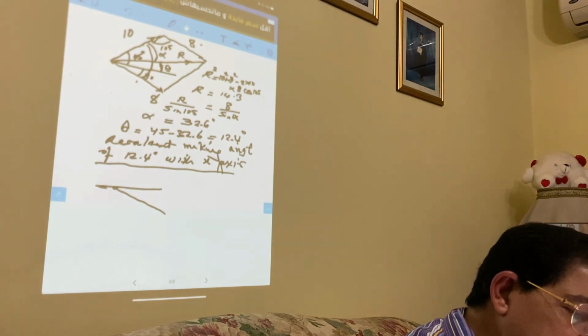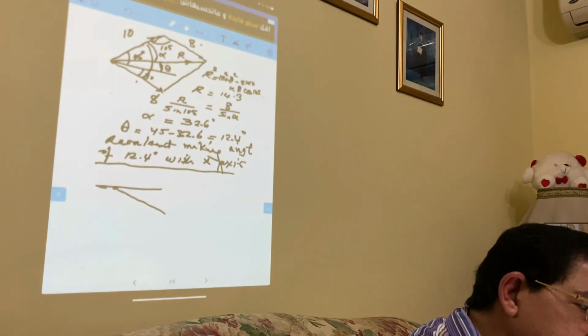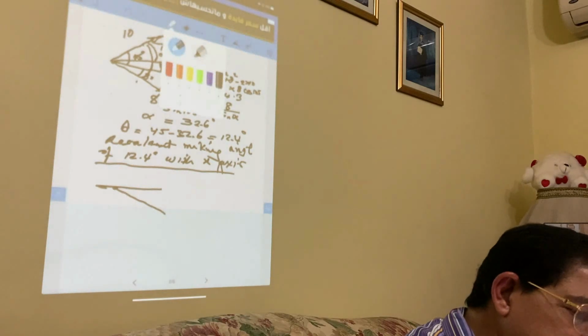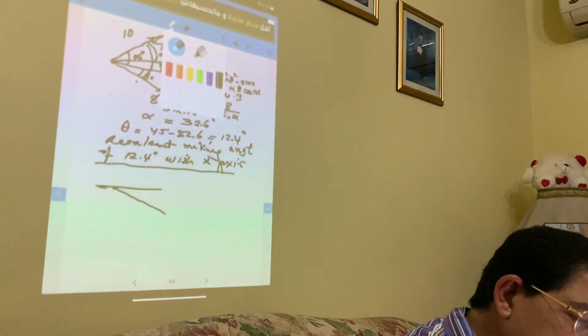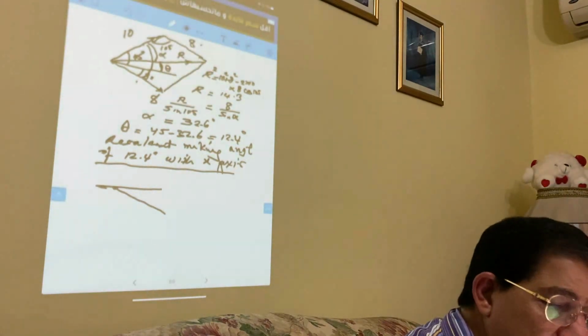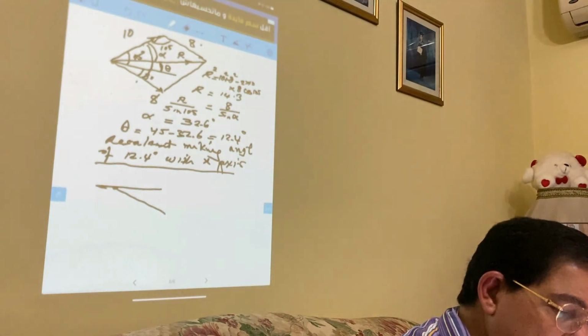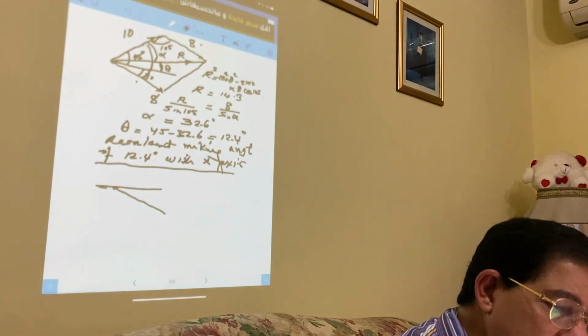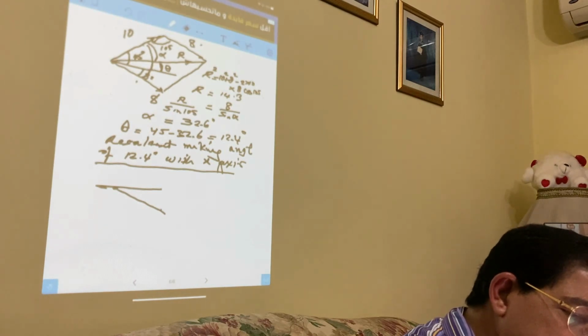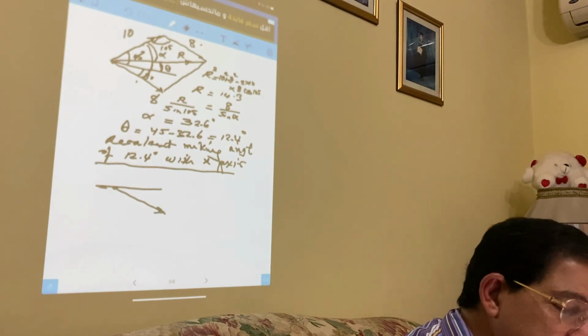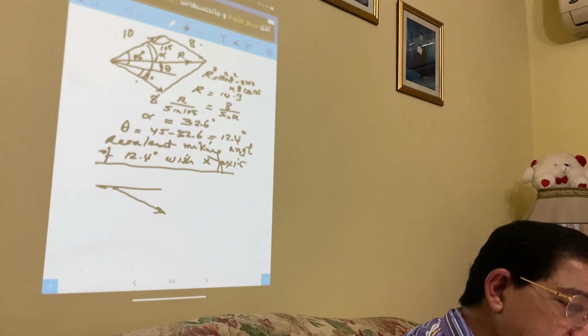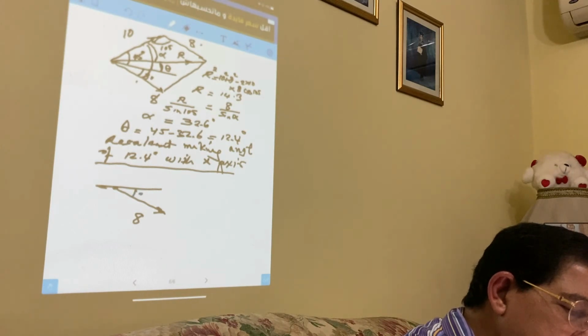This is the first force, which is, say, 8 Newton, making 30 degrees.